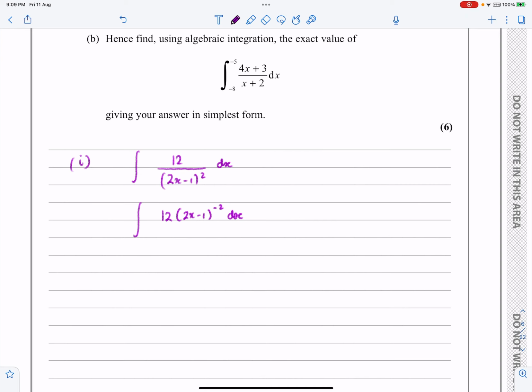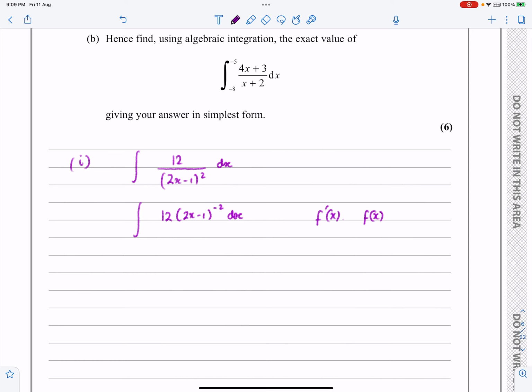Once I've written that, then what I've got is f(x) here, in this case 2x minus 1. I've got the differential of f(x) multiplied by it, because the differential of 2x minus 1 is 2. Any constant would be a multiple of that.